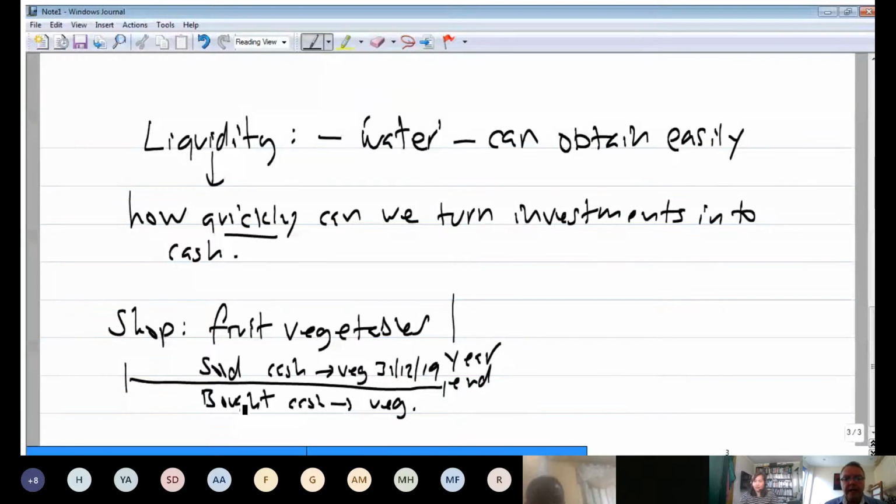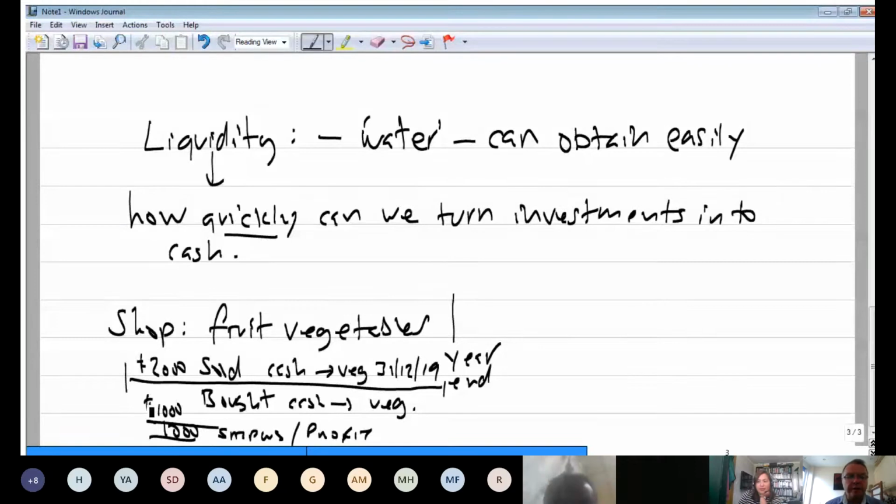So let's say that you bought, I'm going to use pounds if I may, as I'm in the UK, £1,000 worth of vegetables, and you sold them for £2,000. So straight away, you can see between those two that you made £1,000 surplus on your cash. You could refer to that as a profit as well for the time being.